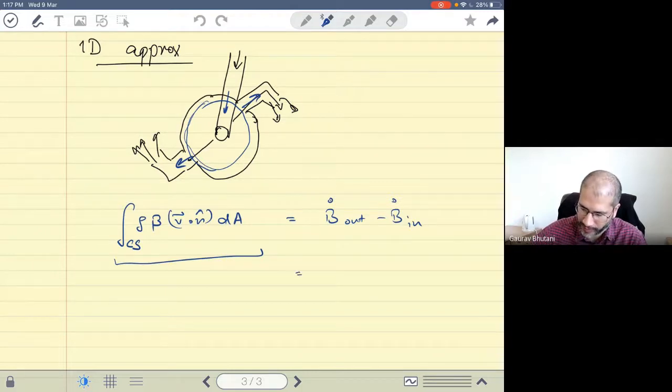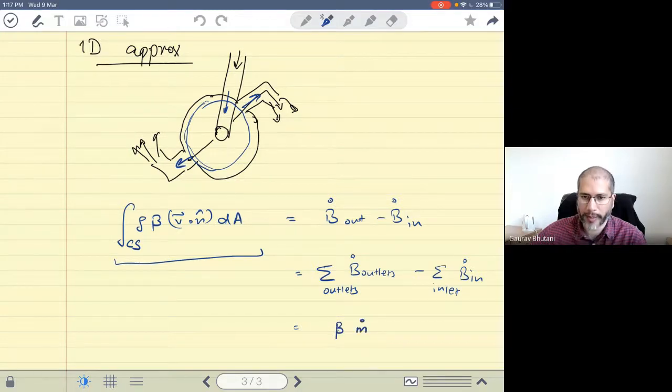So we can simply write this as summation over the two outlets minus summation over the inlets, but in this case you only have one inlet. Moreover, B dot is written as beta times the mass flow rate, m dot.